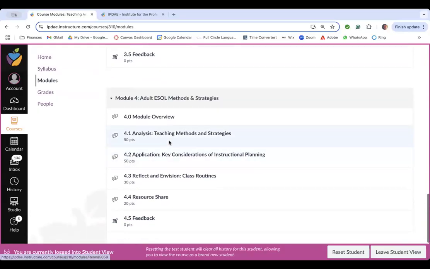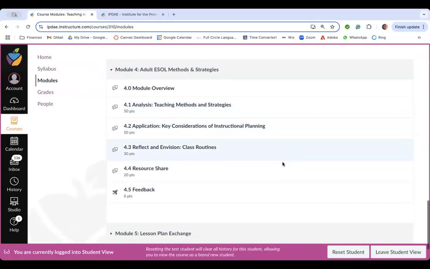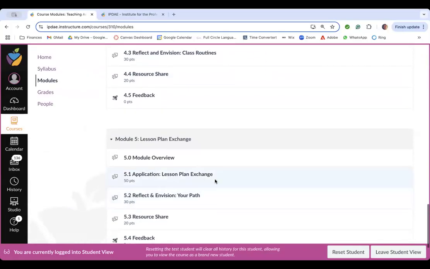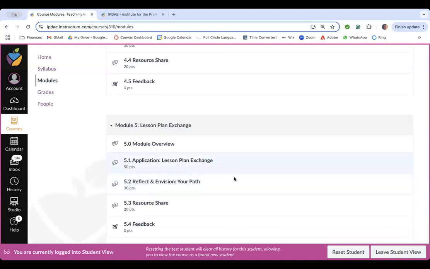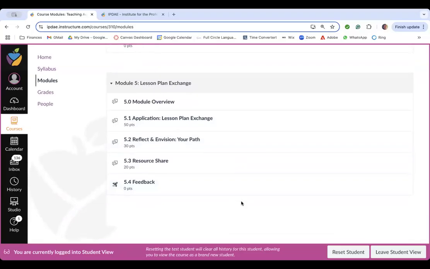Module 4, an analysis of teaching methods and strategies and an application of key considerations of instructional planning. And then Module 5, a lesson plan exchange, where we utilize some templates to organize a lesson and to share them among our course community, as well as potentially through IPDAE for our greater community of adult educators throughout the state and the country.